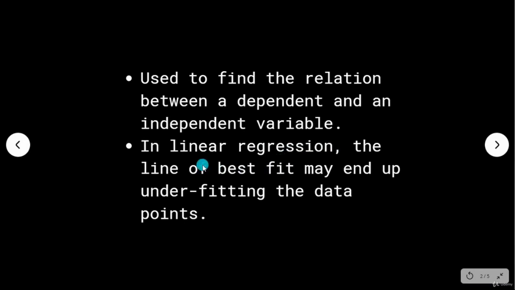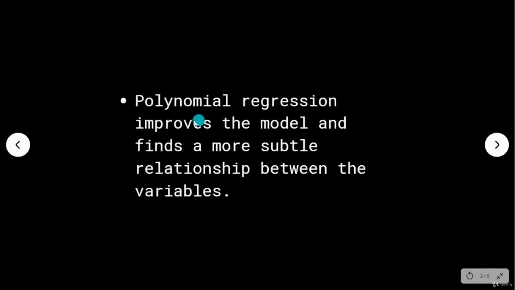The only difference is that at times in linear regression, the line of best fit may end up underfitting the data points, as it couldn't capture the necessary trends and patterns in the data. Hence, polynomial regression plays a crucial part in improving this model and finding a more subtle relationship between the variables.